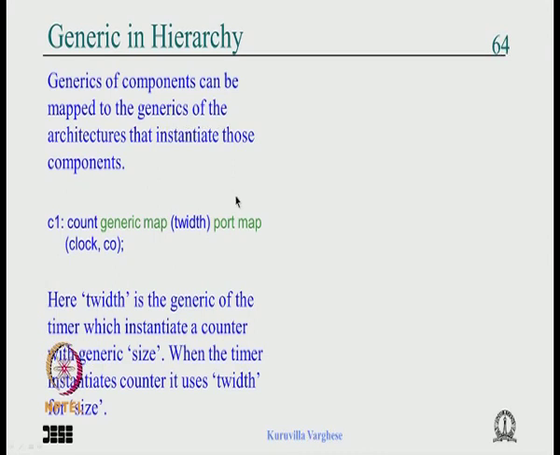Now when you have generic in a hierarchy, suppose we have a timer which is a generic timer. Suppose somebody has written a timer which is generic, and the width of the timer is specified as a generic called T width, timer width.